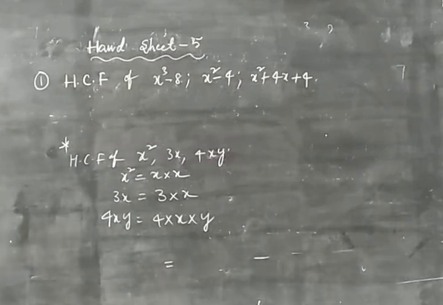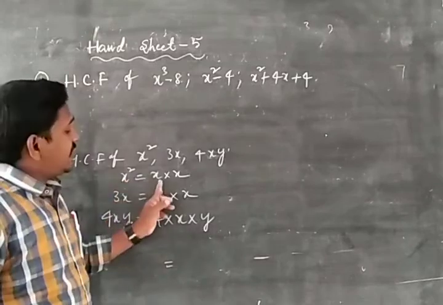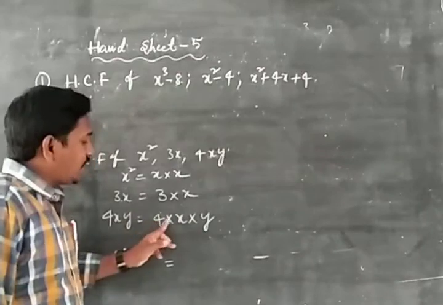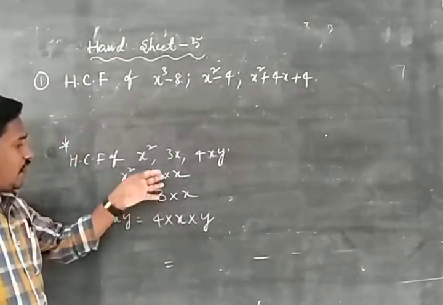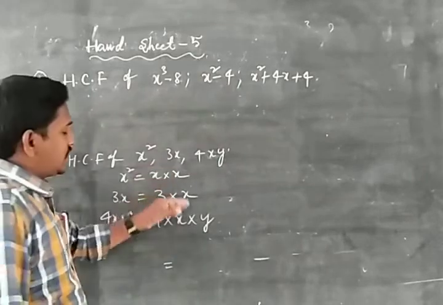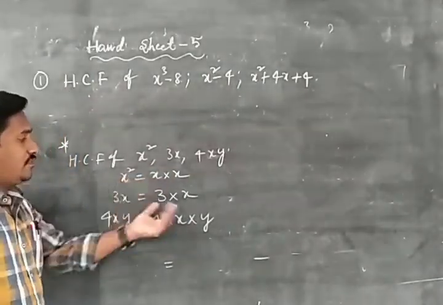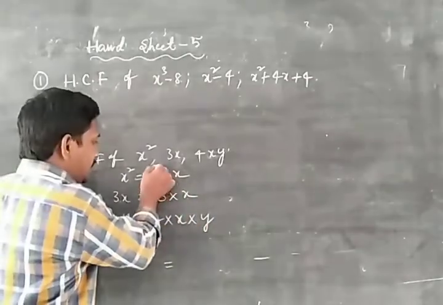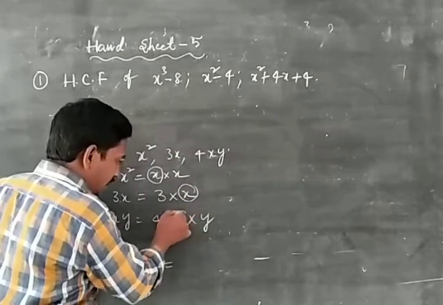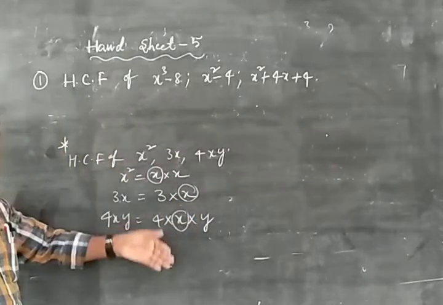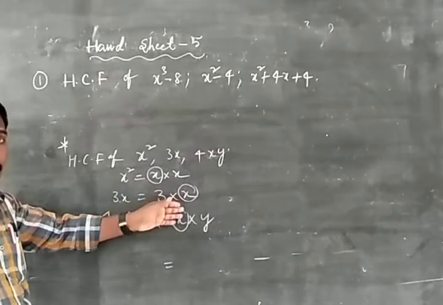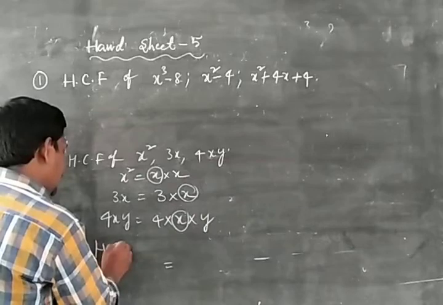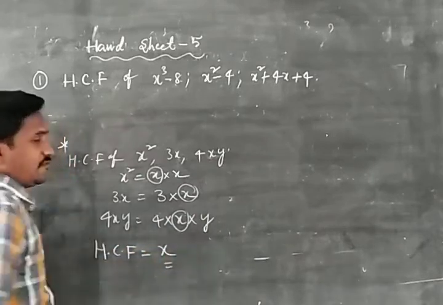After expanding, just observe what is common among the terms. X, here x, here x. Is there anyone common other than x? No, the only common one is x. So HCF is x.